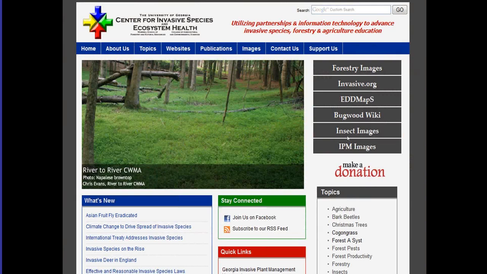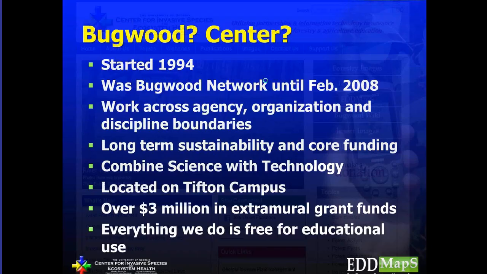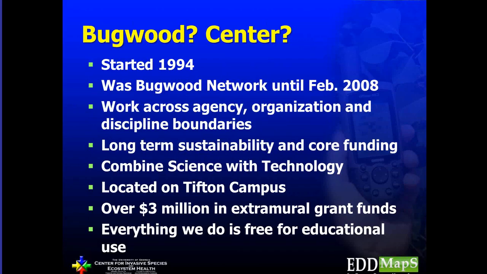The next slide is just our group here at the center. Until recently, we were referred to as the Bugwood Network until the university made us a little more official, and we became the Center for Invasive Species and Ecosystem Health. This is our Bugwood homepage with links to a lot of different resources we have.